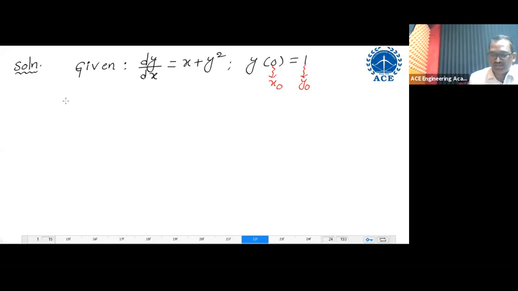So dy by dx is y dash of x. Remember, dy by dx is y dash, but I wrote it as y dash of x. If y dash is written as y dash of x, then y should be written as y of x, and y square should be written as y of x whole square.